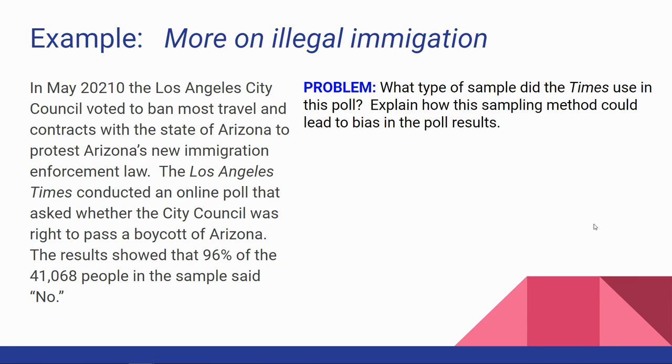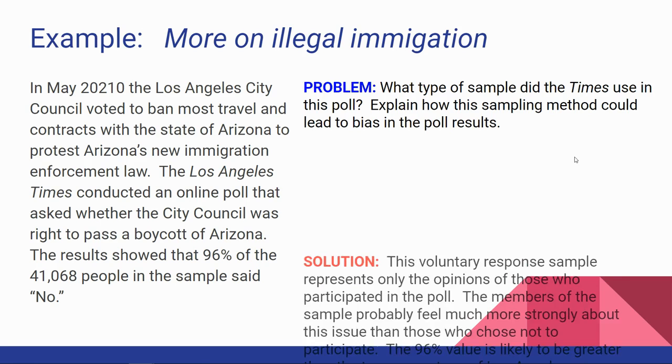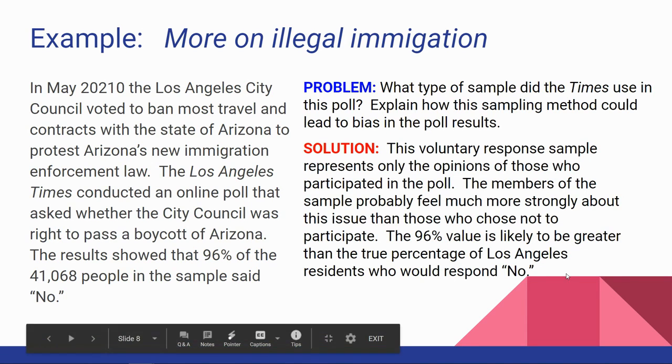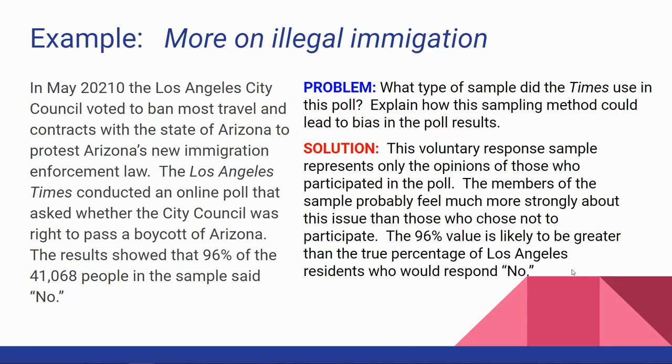Explain how this sampling method could lead to bias in the poll results. So the solution, you would want to be very detailed. That is really important. It's not going to be a one sentence answer. Remember that these types of problems are all representative of the test questions that you might see, especially in the free response portion. So it's really important that you pay attention to the types.